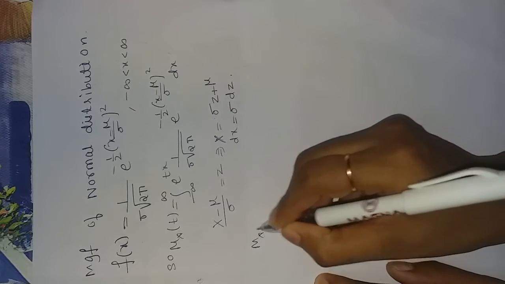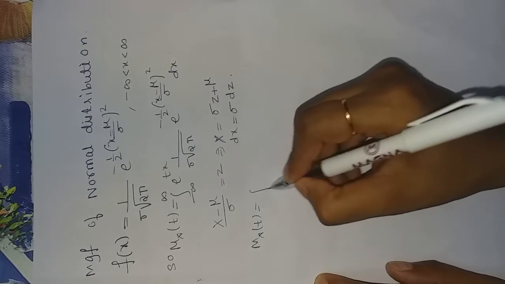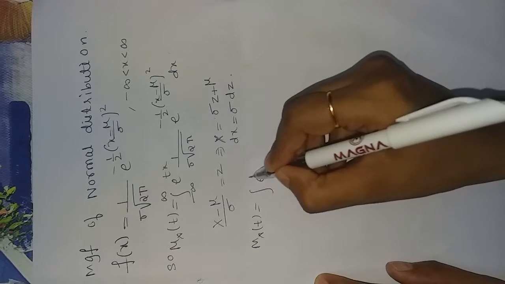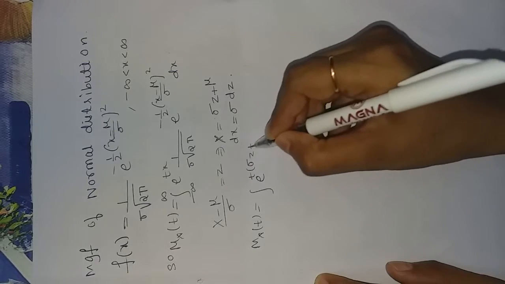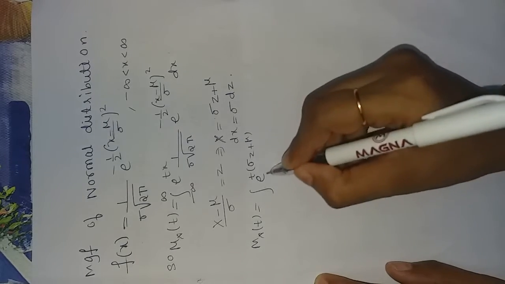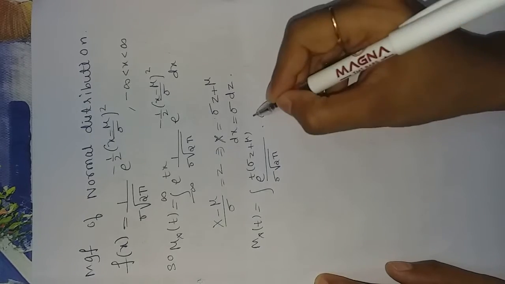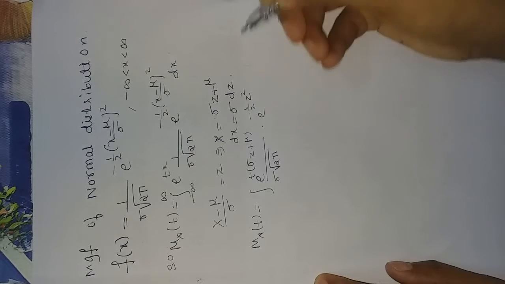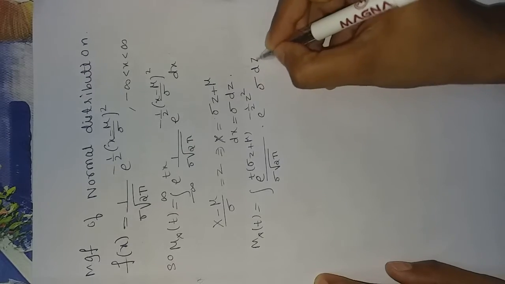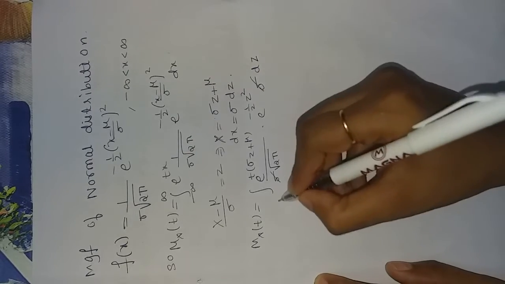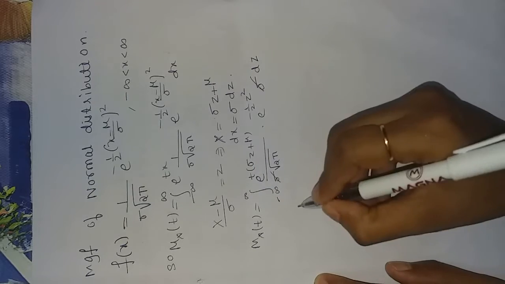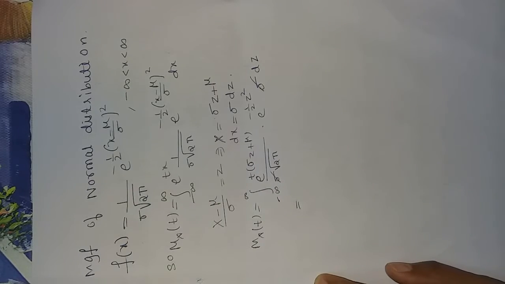So M_X(t) will be integration of e^(t(sigma z plus mu)) upon sigma square root of 2 pi e raised to minus half z square sigma dz. Now the sigma gets cancelled and the limits remain the same, minus infinity to infinity.